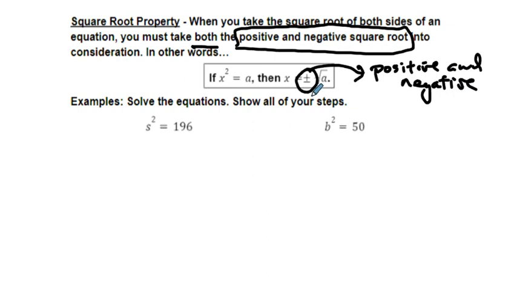I use them both. Another way of writing this whole thing is you could write x equals the square root of a, and x equals the negative square root of a. I didn't write that very well, did I?